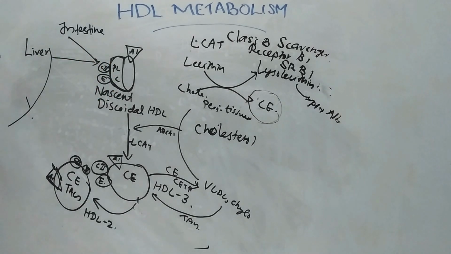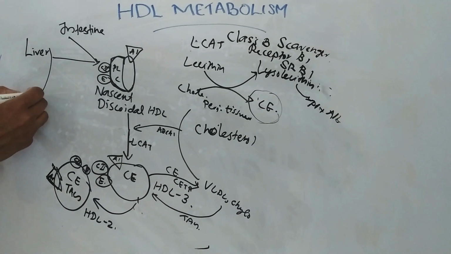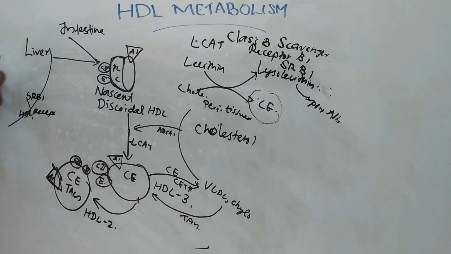These are HDL receptors in hepatocytes. These HDL receptors will bind with HDL2 through ApoA1.